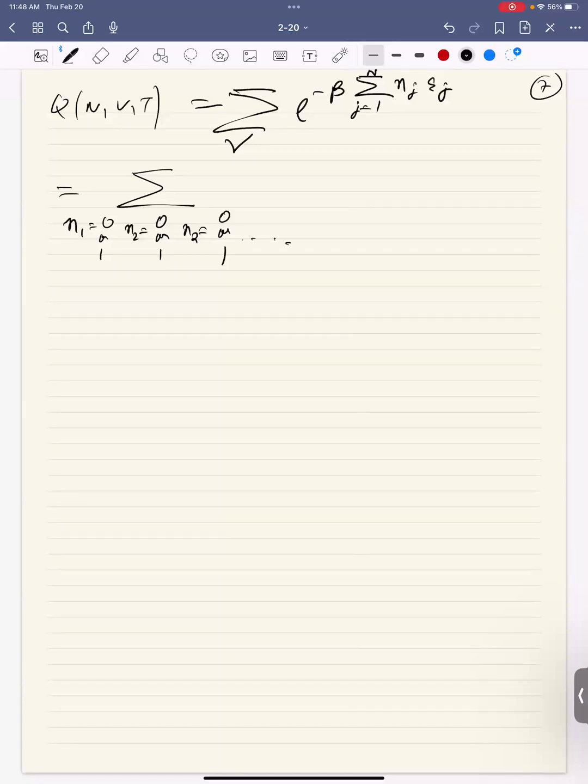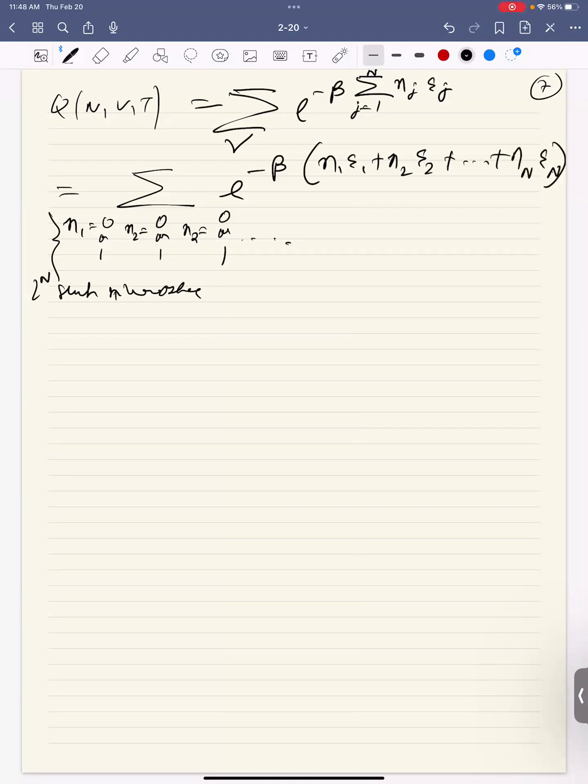For each such microstate, and you have 2 to the power n such microstates, you go and write down e to the power minus beta, and let's spread out this summation that we had. So this is going to be n1 epsilon 1 plus n2 epsilon 2 plus and so on up to n epsilon n.